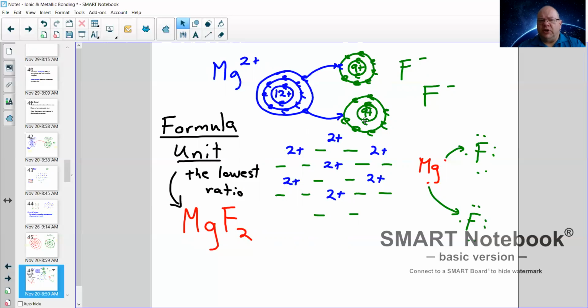That ratio is what we write down when we're writing the chemical formula for magnesium fluoride. And that ratio is called a formula unit. It's the lowest ratio of the ions in the compound. So we use this kind of in place of a sort of fake molecule.